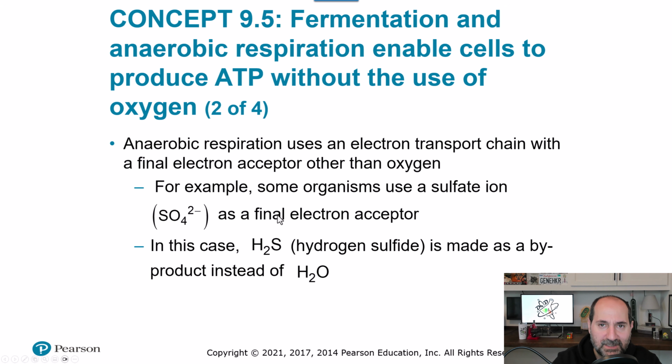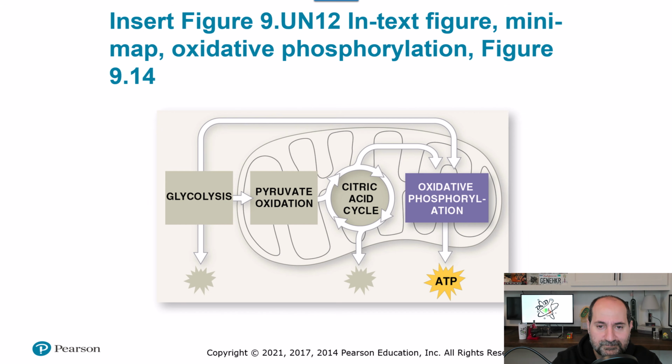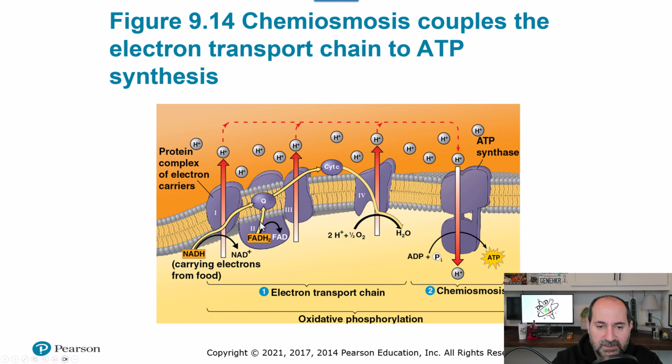So what does this mean? Let me explain. First of all, again, let me explain the difference between aerobic respiration and anaerobic respiration. Are you ready? So you see here, during aerobic respiration, those electrons are flowing through the electron transport chain, and oxygen is the terminal electron acceptor at the end of the electron transport chain to pick up the electrons to form water.